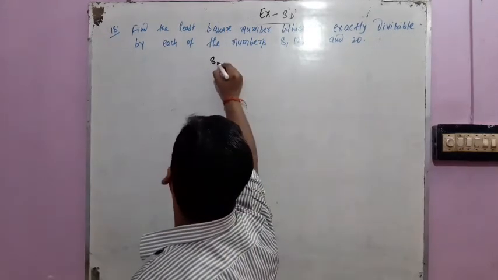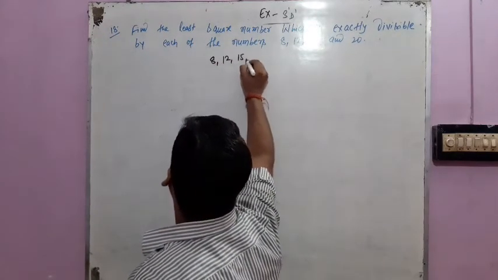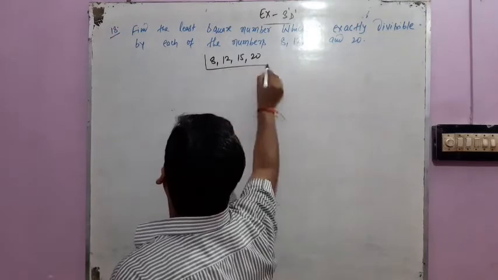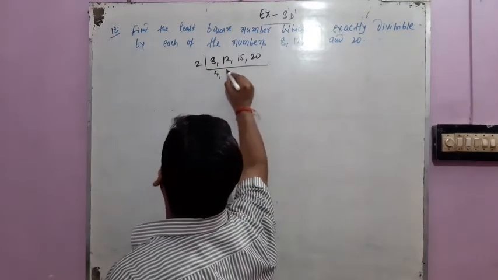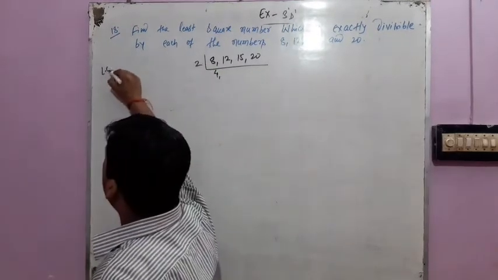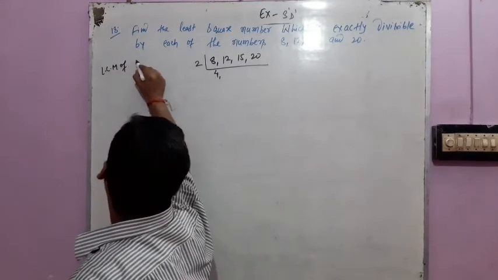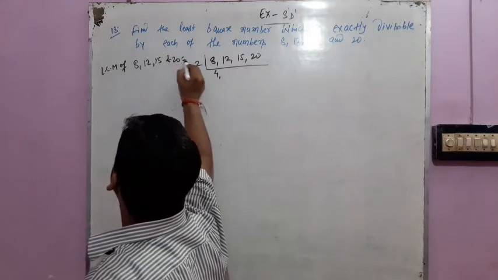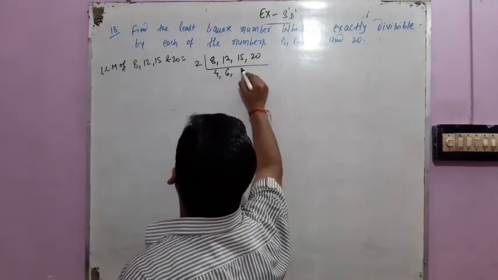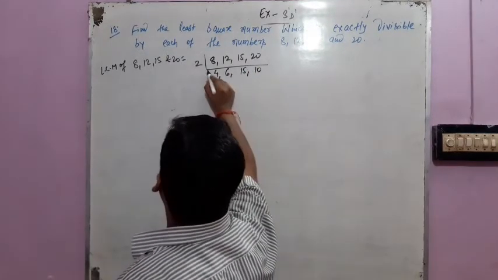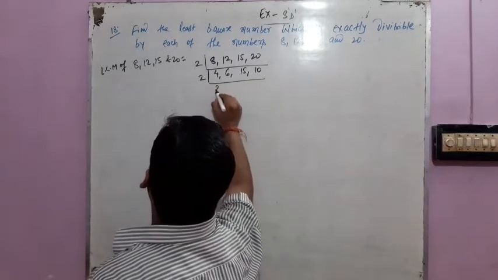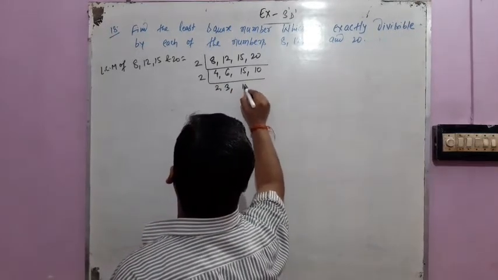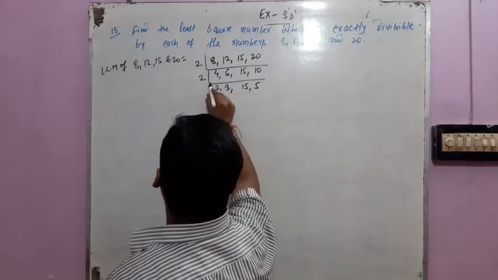So we are taking the LCM of 8, 12, 15 and 20. With 2, 4 times. We write here LCM of 8, 12, 15 and 20 is equal to 2 6s are 12, 2 10. Again with 2, 2 2s are 4, 2 3s are 6, 15, 2 5s are 10.